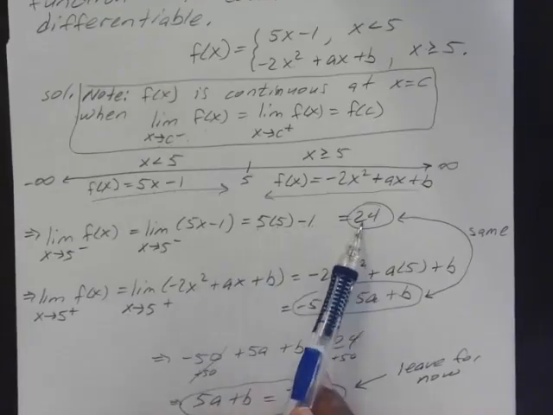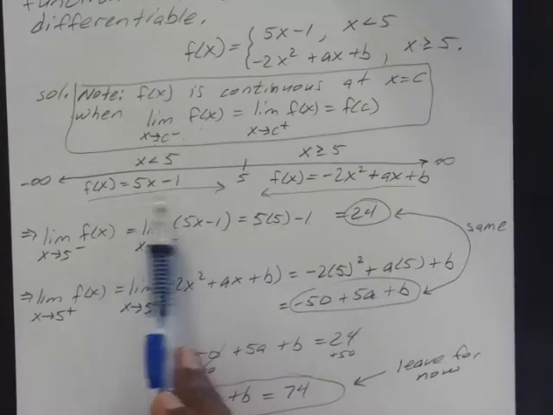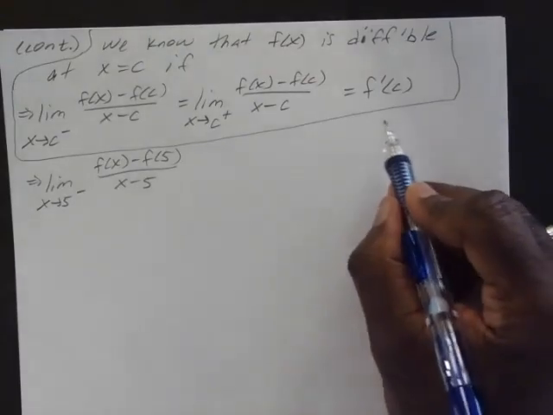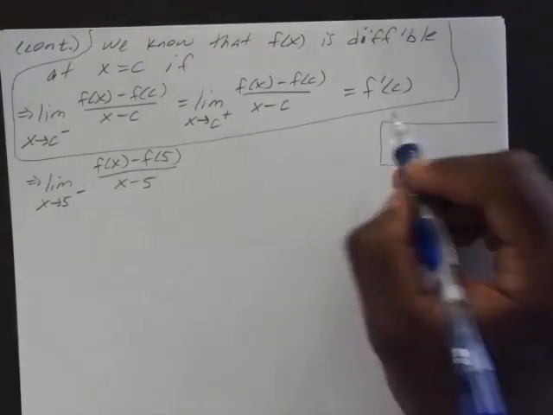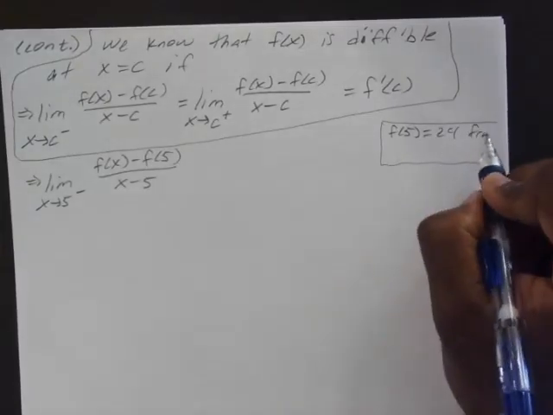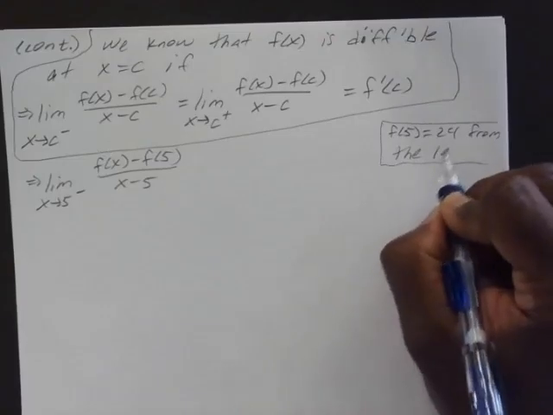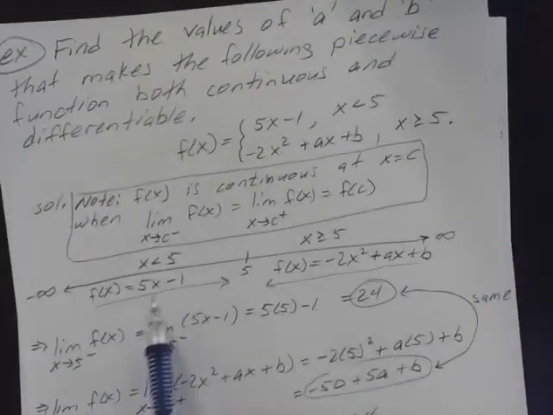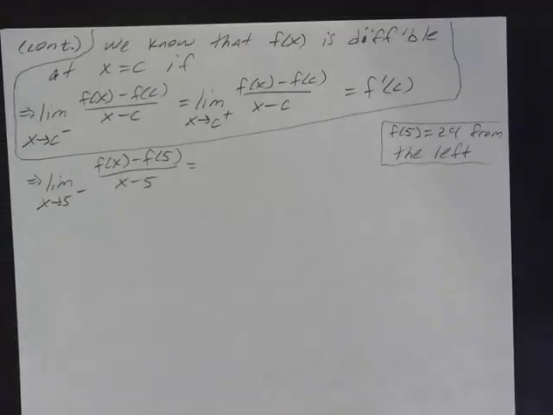That's just 5 times 5 minus 1, which is 24. So f of 5 equals 24 from the left. And we know from the left our f of x is 5x minus 1.